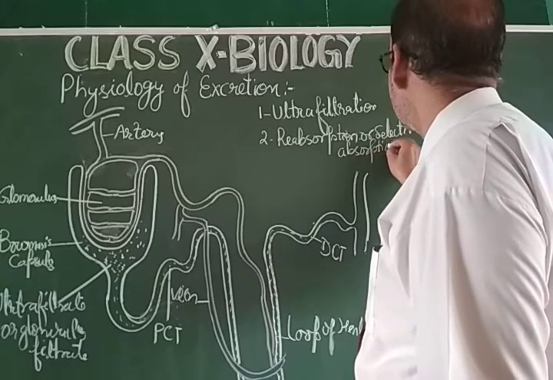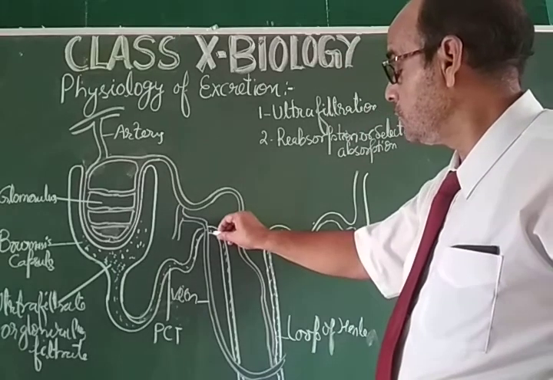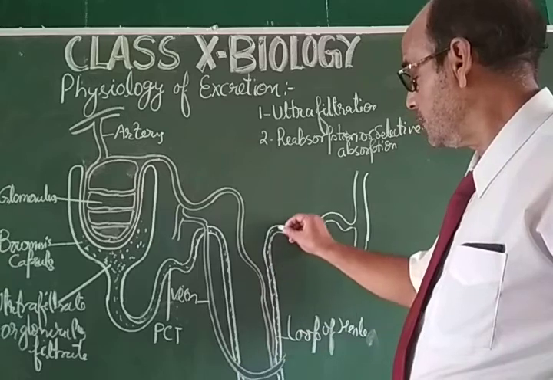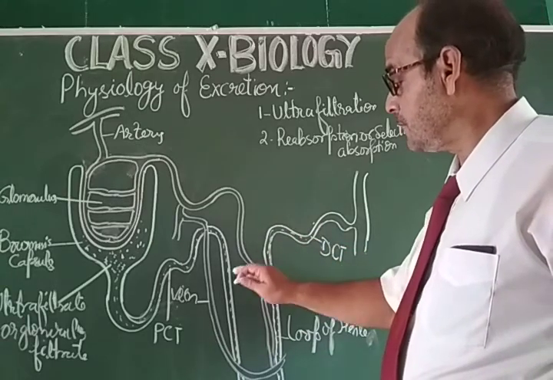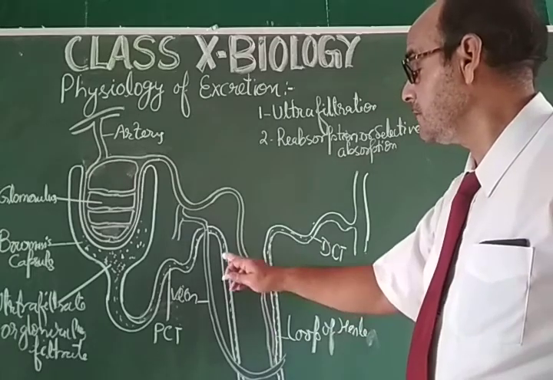So this reabsorption or selective absorption takes place in this uniferous tubule while the nitrogenous waste is running through it, and that is because of the secretory properties of these uniferous tubules.